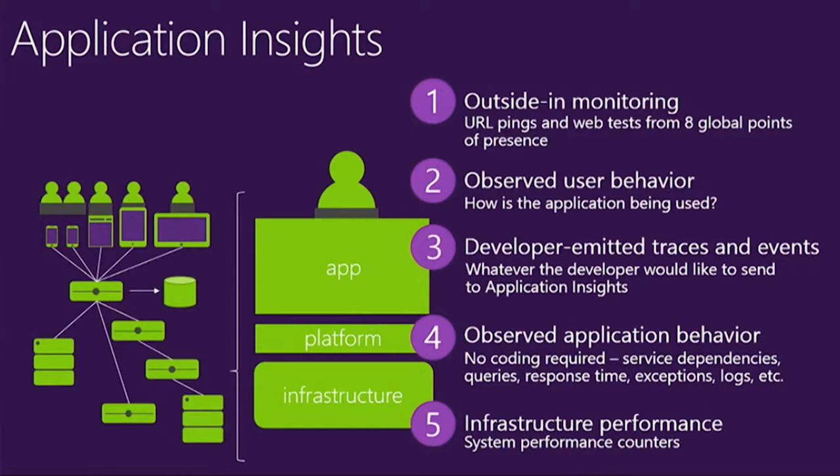Then you go to, let's say, the next level of depth, and these don't necessarily have to be done in this order, but just to give you an idea. Number 3 would be developer traces events, and we are going to cover this in more depth in the advanced DevOps module. This is what I would call user telemetry. You could try and say that 2 is part of that, and I guess to a certain extent it is.